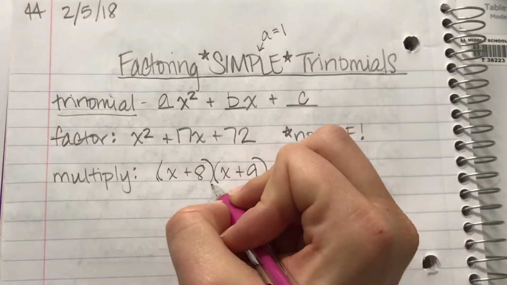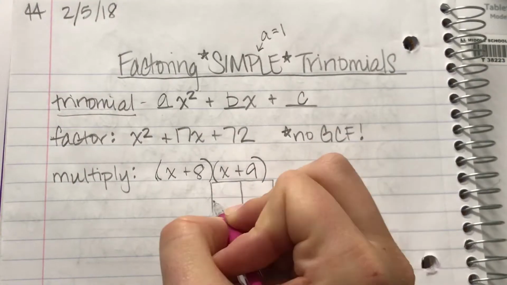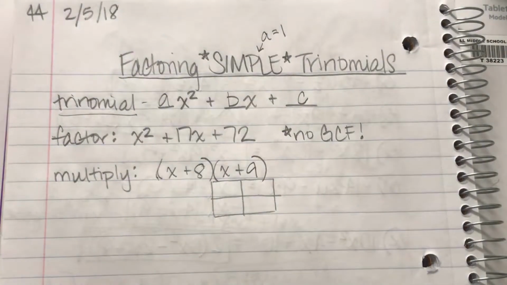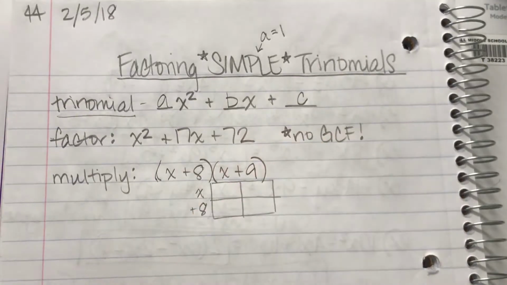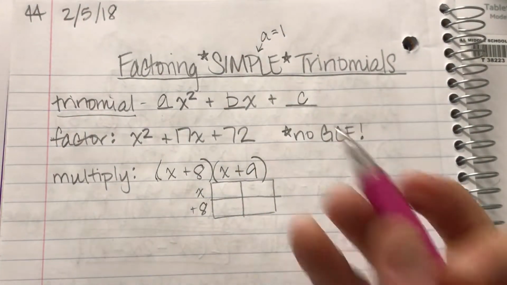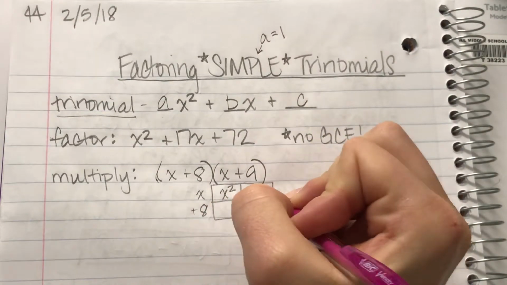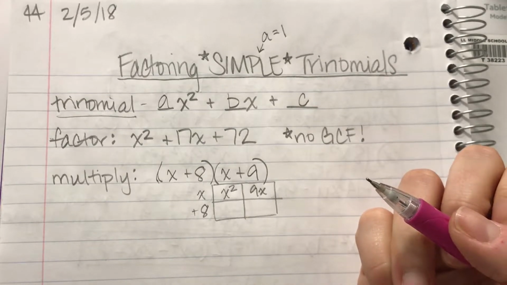That's exactly right. And because I'm lazy and I don't want to rewrite anything, I'm going to put x plus 8 on the side and line it up right underneath x plus 9. And I end up with x squared. Y'all keep saying x2. That sounds like x times 2 instead of x squared.